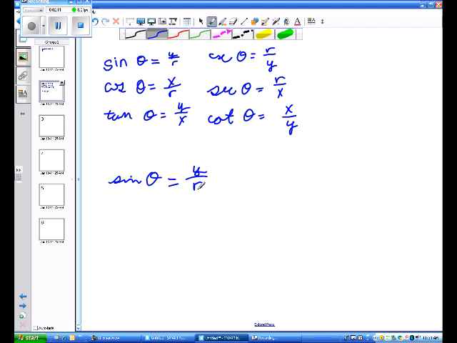And so we're going to take this and we're going to divide both the numerator and denominator by y. You can do that as long as y is not 0. And we're talking about a point on the terminal side of an angle. So let's divide both our numerator and denominator by y.